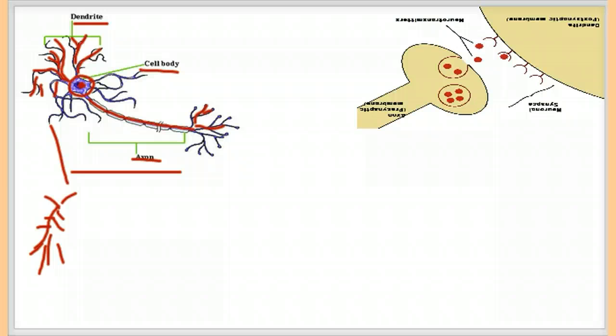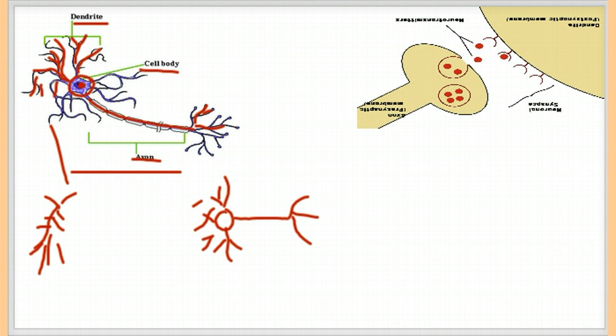So since they're all connected together, I'm going to draw exactly how it looks. So we have the cell body, we have the axon, and we have the dendrite. That is connected to another nerve cell, which has the cell body, the dendrite, the axon, and that is connected to another cell.